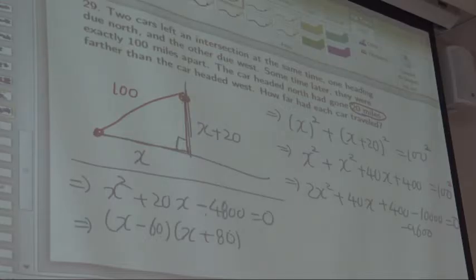I figured out why I get somewhat like a weird number. And 6 times 8 is 48, right? So 60 and 80, that makes this a plus 20. So x equals 60. So 60 miles to the west and 80 miles to the north. So the answer is a 60, and this is a 80.